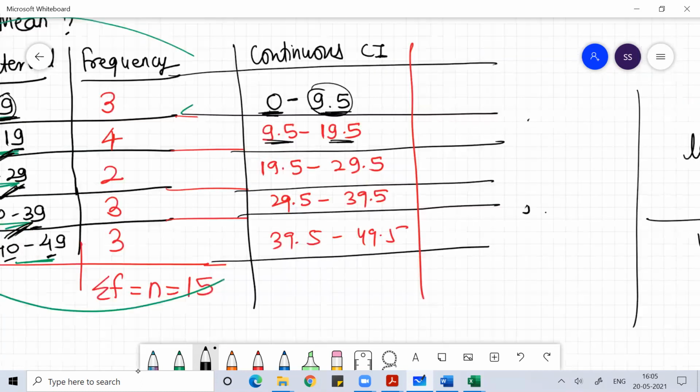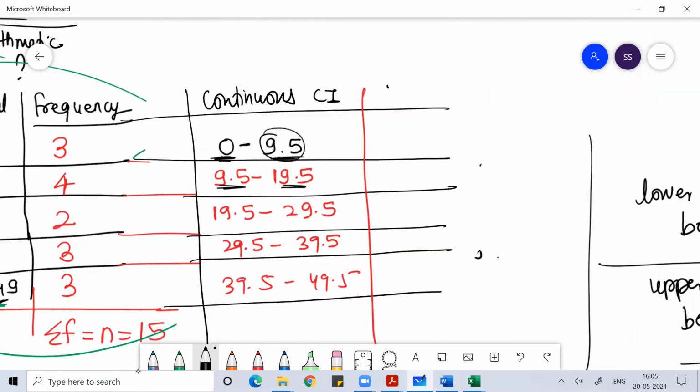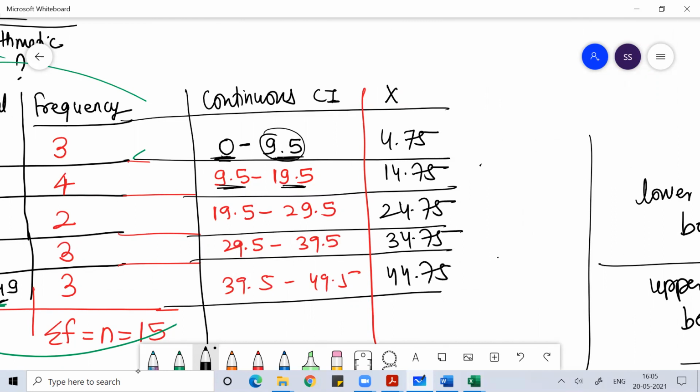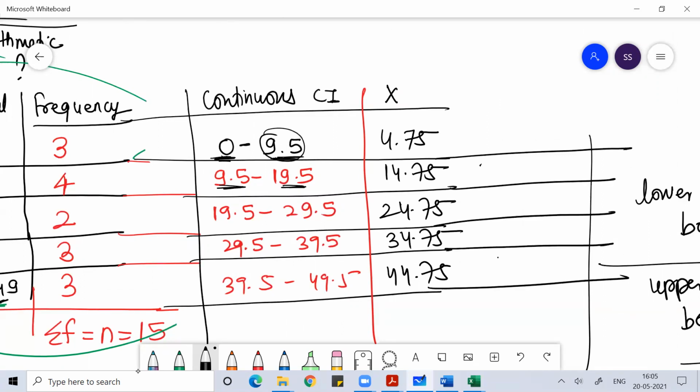So that you have to do, that is your class mark. So you find 0 plus 9.5 by 2, that would be 4.75. Then you'll get 14.75. Then 24.75. Then 34.75. Then 44.75. Just add the upper boundary and lower boundary and divide by 2. Anyone, any doubt? Any question you want to ask?